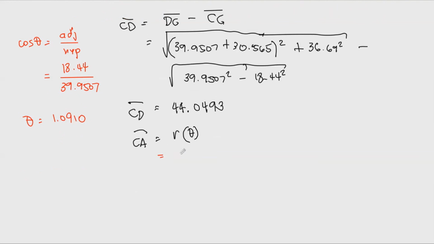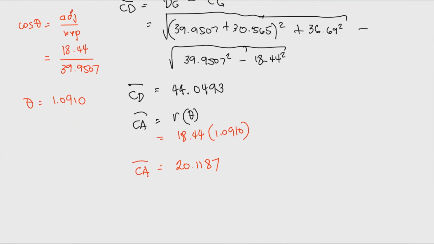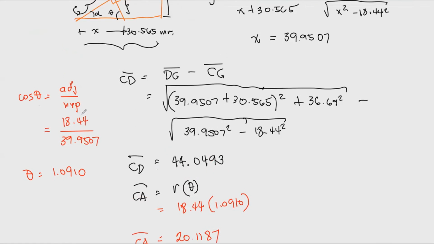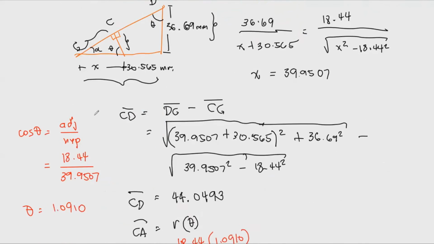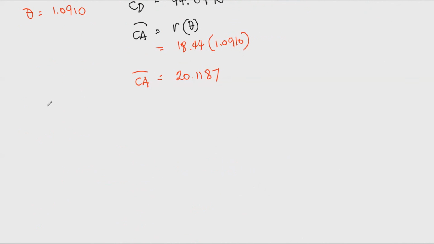So we can use that theta to continue solving. So we have r, that is 18.44, and then we have 1.0910. So our arc length CA is equal to 20.1187. So now that we already have the CA, we can now add them so that we can have the value of the cross string.